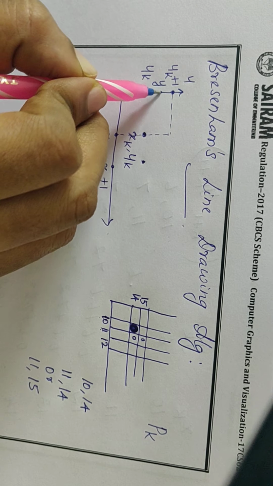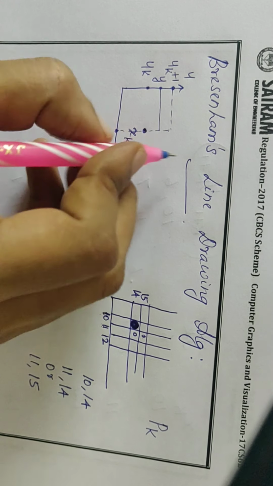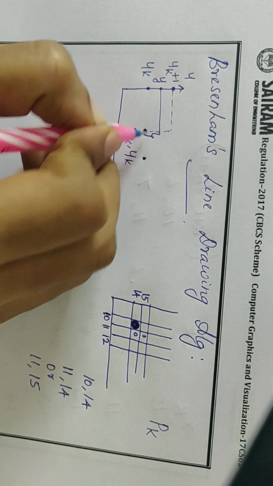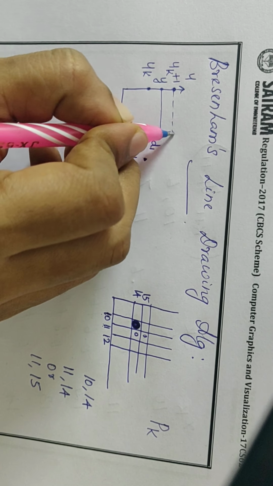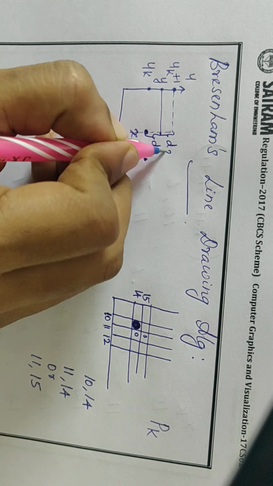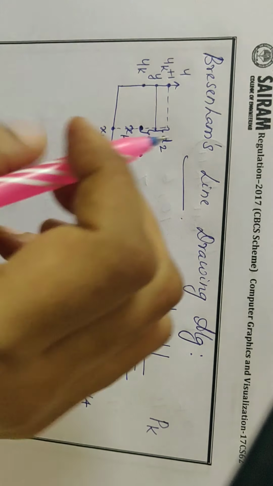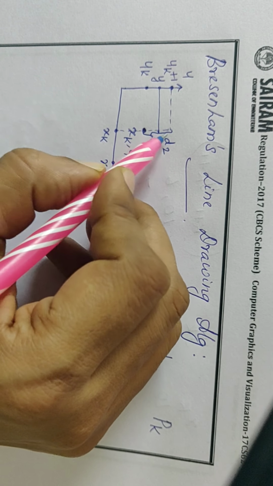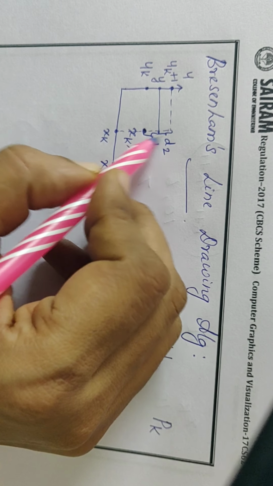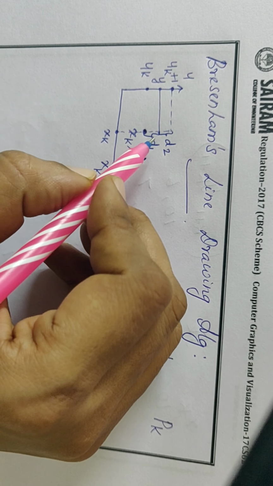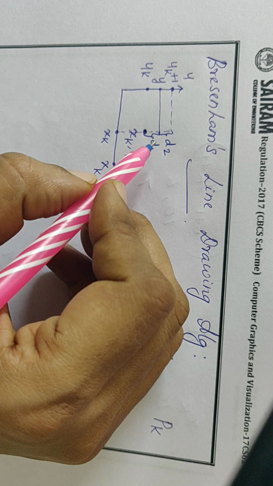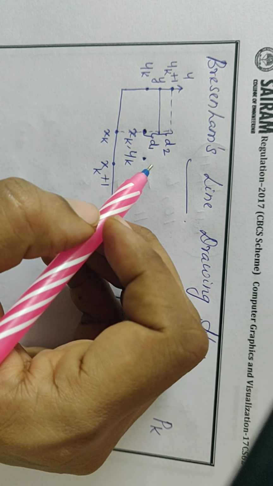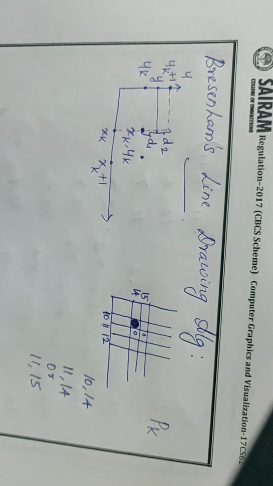Now keeping this reference value, I'll mark this distance as d1 and this distance as d2. Based upon this distance only, I'll decide what should be the next pixel's y value, right?